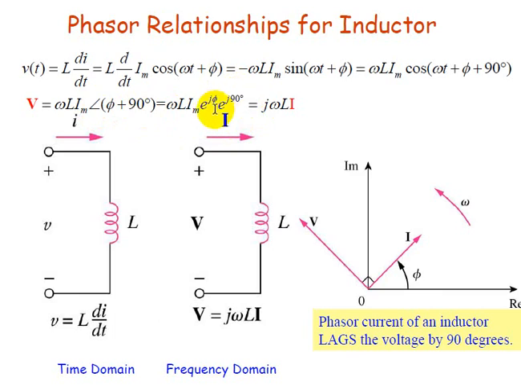So e to the power j 90 is basically what? We can elaborate e to the power j 90 as cos 90 plus j sine 90. Cos 90 is 0, so we have j sine 90.